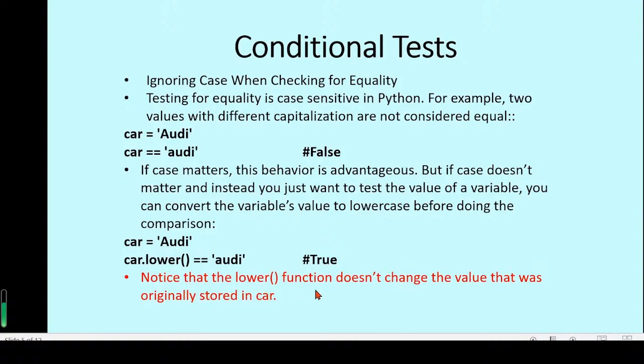Notice that the lower function doesn't change the value that was originally stored in car. So the car's value is still Audi. This lower is just a temporary transform of this value to lowercase to do conditional tests.